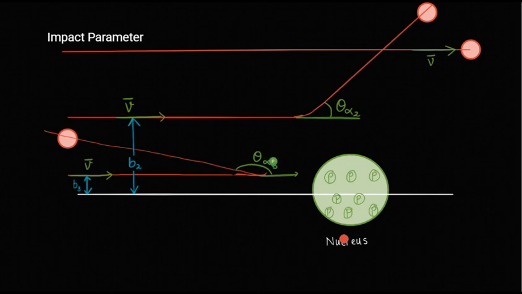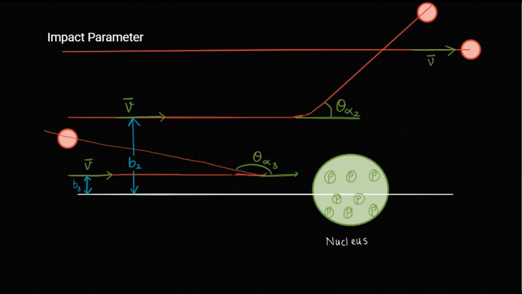What you can notice from this figure is that the larger this impact parameter distance, the less the impact on the alpha particle. The less the impact, the smaller will be the scattering angle. Now in this case, what will be the scattering angle?